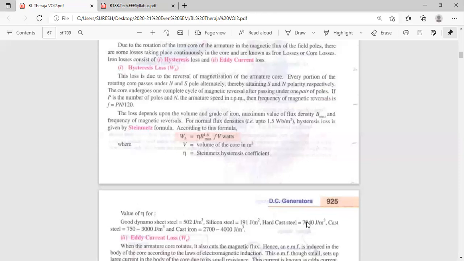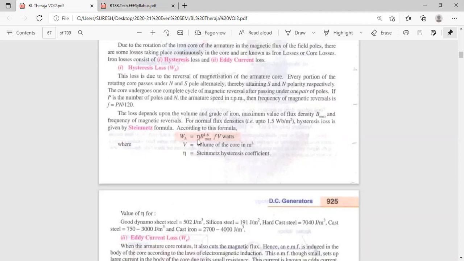And for hard cast steel, eta value is 7040 joule per meter cube. If it is made of cast iron, then the value of eta is this one. No need to study. Only you should know this formula. WH is equal to eta B max power 1.6 F V.